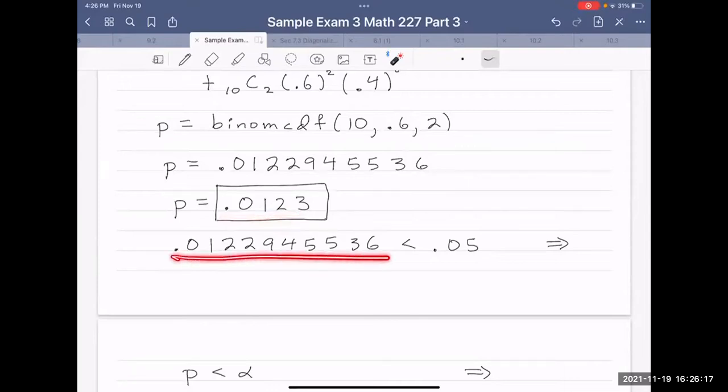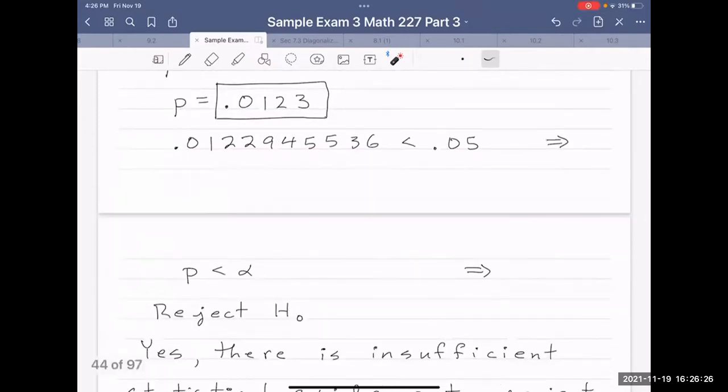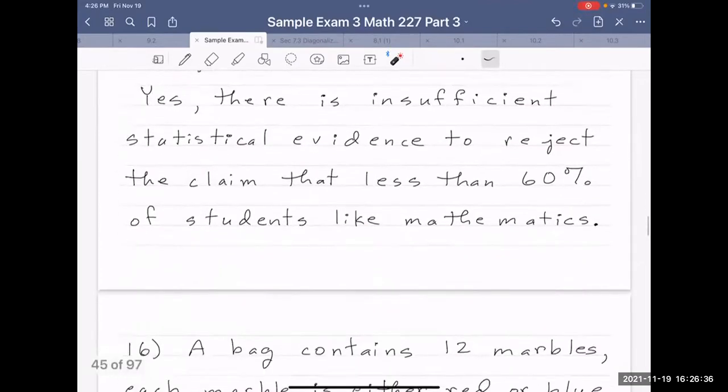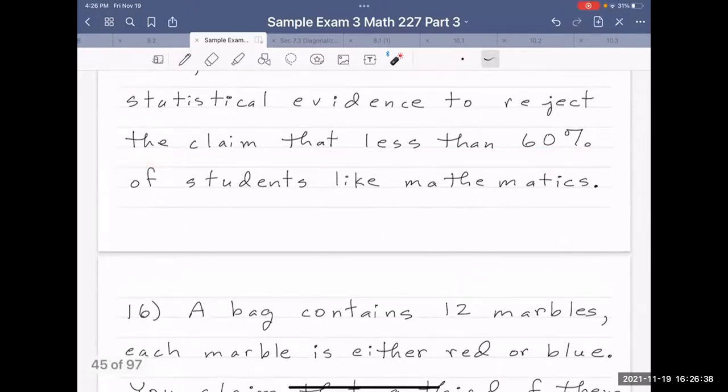Well, 0.0122945536 is less than 0.05. So P is less than alpha, so I reject the null hypothesis. So yes, there's sufficient statistical evidence to support the claim that less than 60% of students like mathematics.